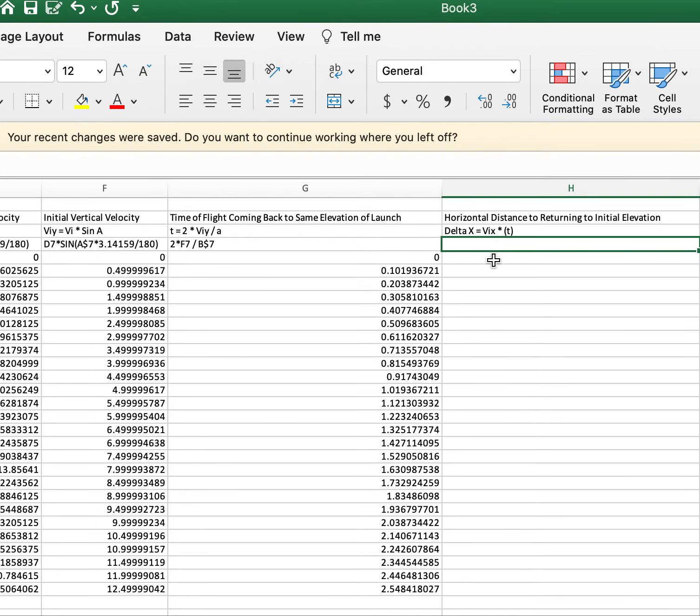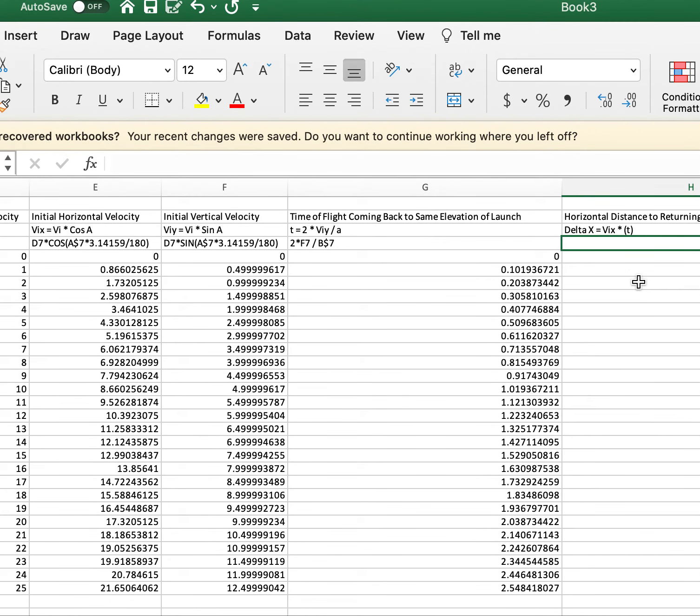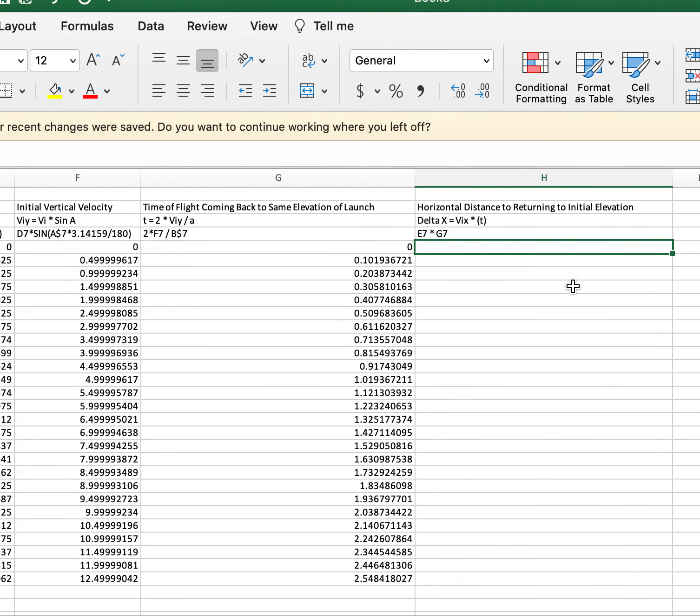That makes it easy. All right, so we'll do Vix, which is E7, times our time, which is G7. That's all we need. All right, so equals E7 times G7.